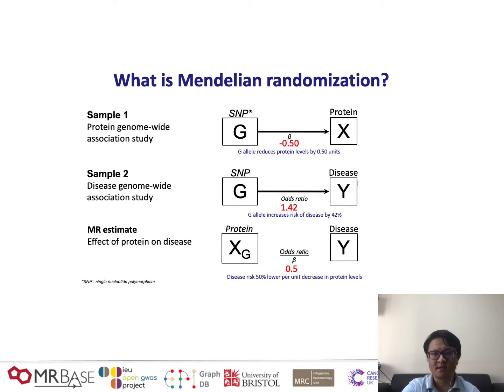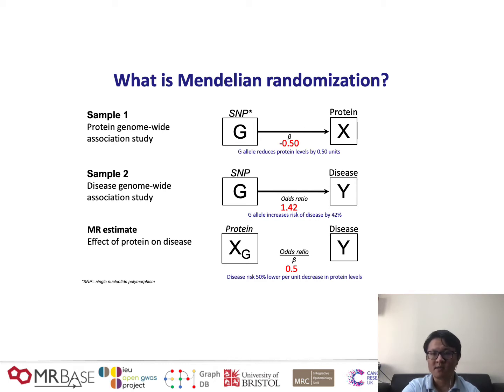How does the method actually work? In Mendelian randomization, we use genetic polymorphisms or SNPs to proxy for the protein or other exposure of interest. We have two effect estimates: the effect of the SNP on the protein in a protein GWAS, and the effect of the SNP on disease in a disease GWAS.